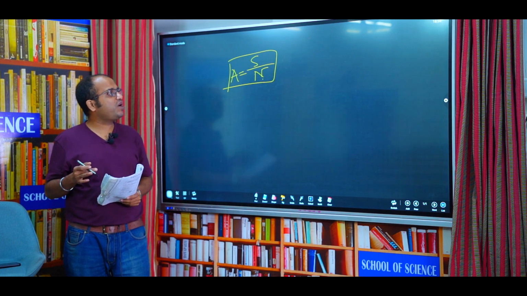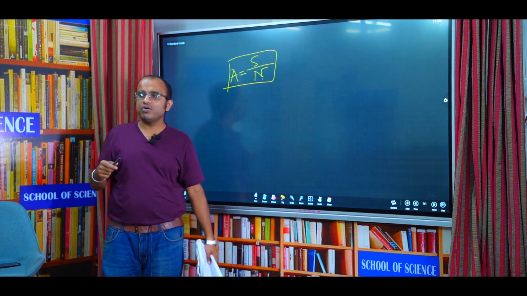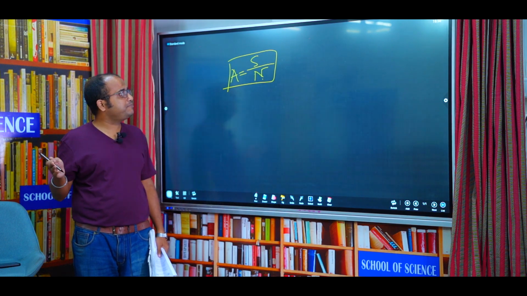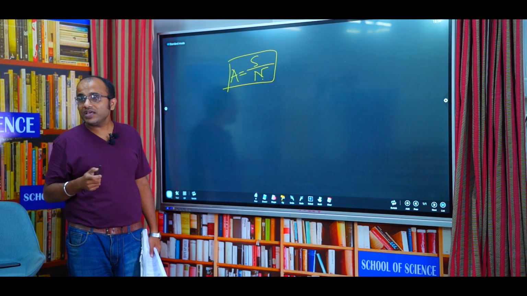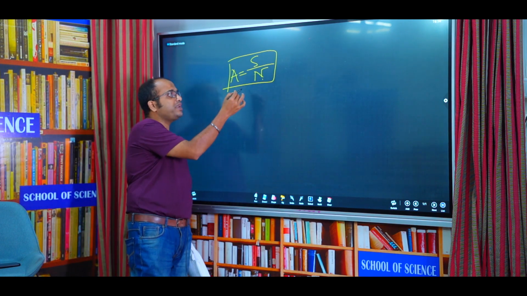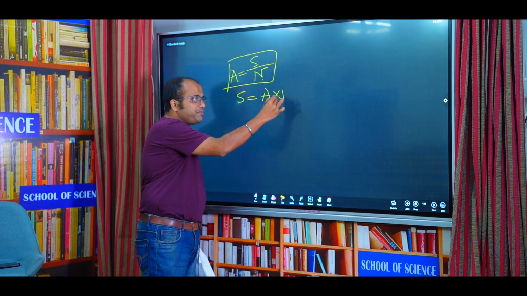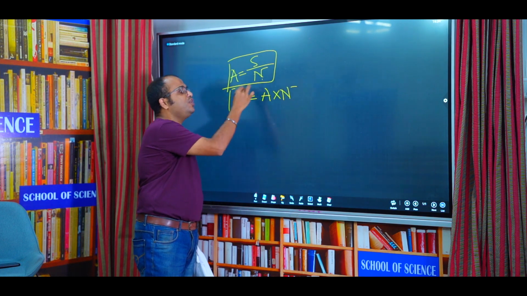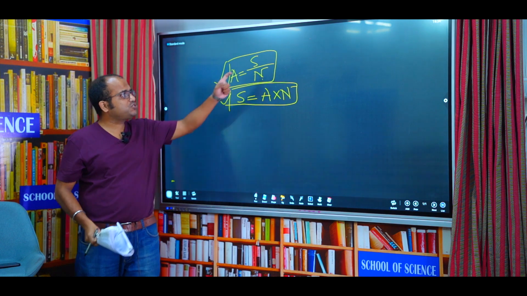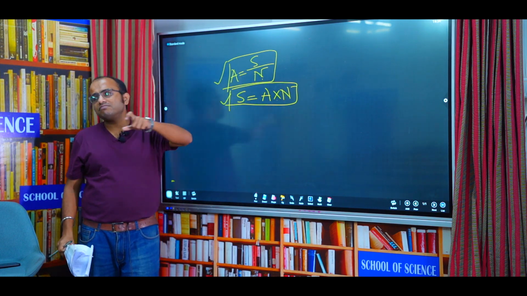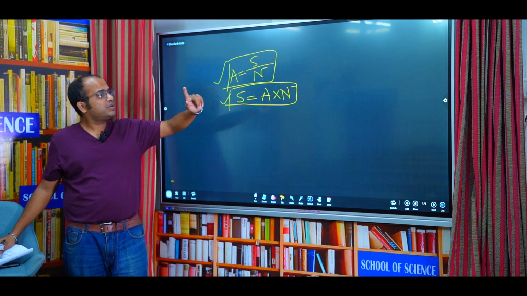So average is equal to the sum of the quantities divided by the number of quantities. Now in solving problems, if average is given and number of quantities is given, then how do we find the sum? Just cross multiply, and the sum of the given quantities will be A into N. For solving average problems, that formula is also required in many cases. So if you remember the first one, you can easily get the second: sum of the quantities is equal to average into number of quantities.